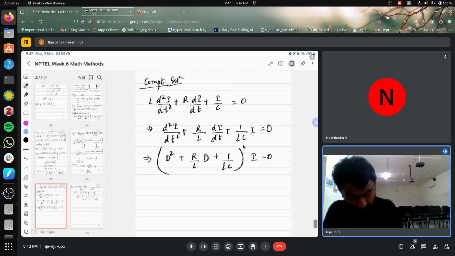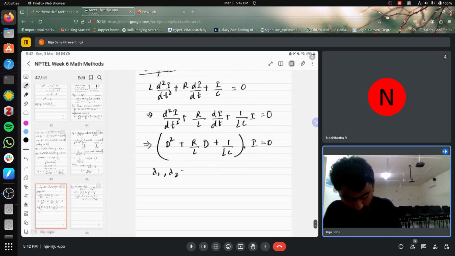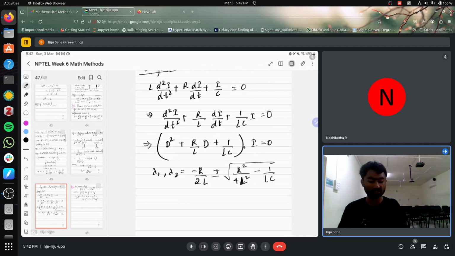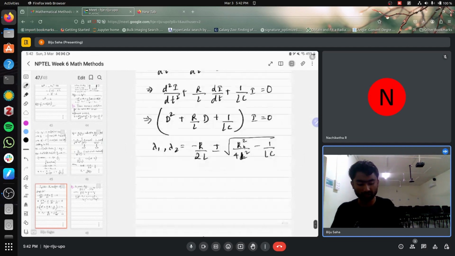The roots of the auxiliary equation would be minus R by 2L plus or minus root of R square by 4L square minus 1 by LC. I solve the quadratic equation, and this is the root. They are real and distinct.